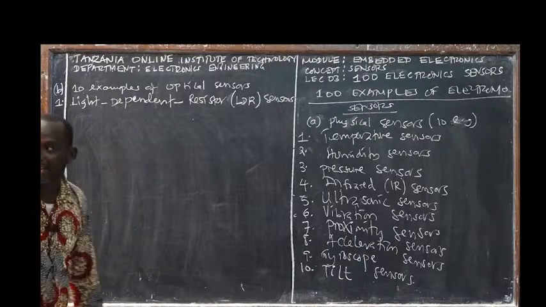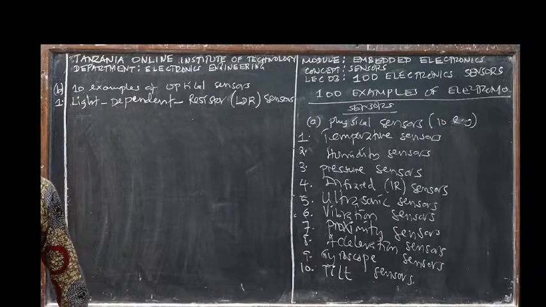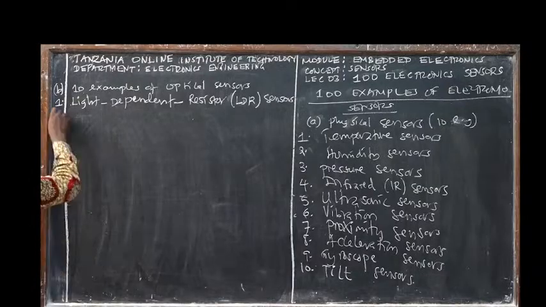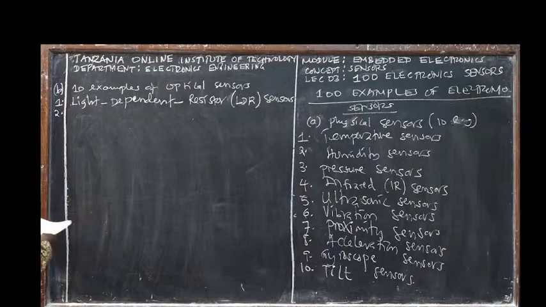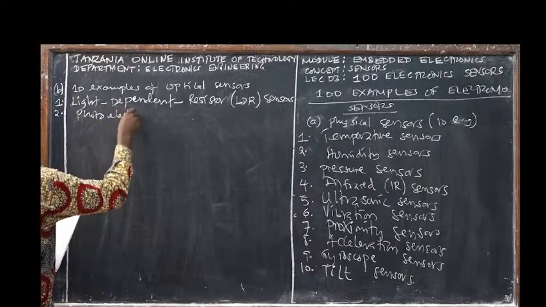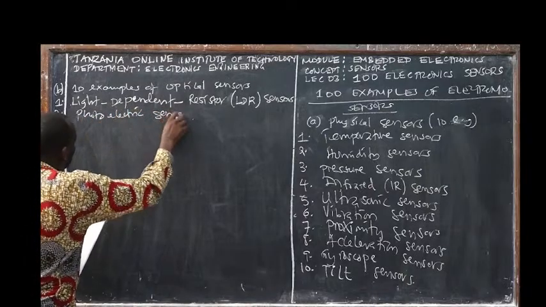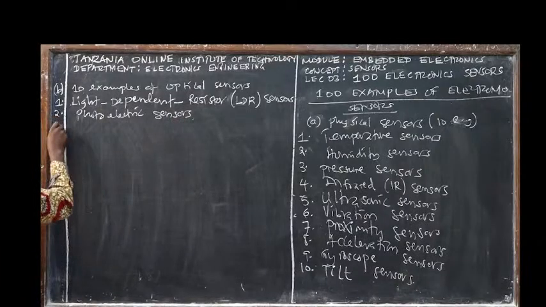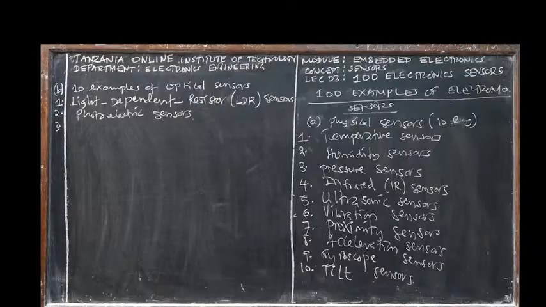Then the next one is called the photoelectric sensor. Say photoelectric sensors. Remember the word photo means light. Then the next one is called the fiber optic sensor.